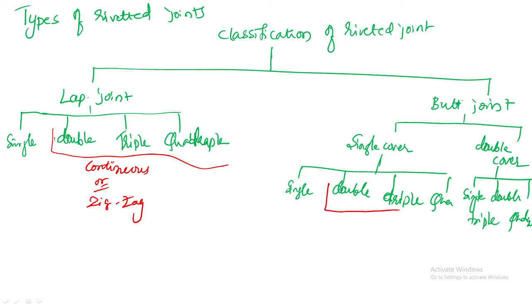Similarly here, from double, triple to quadruple, the riveting may be continuous or zigzag. Similarly here in double cover, whether it is continuous or zigzag.